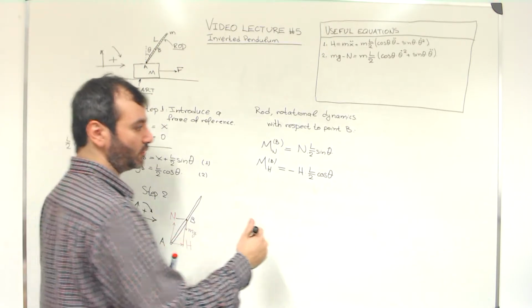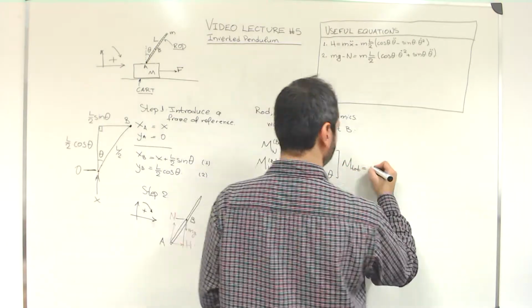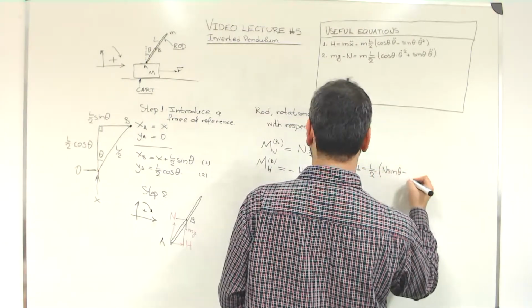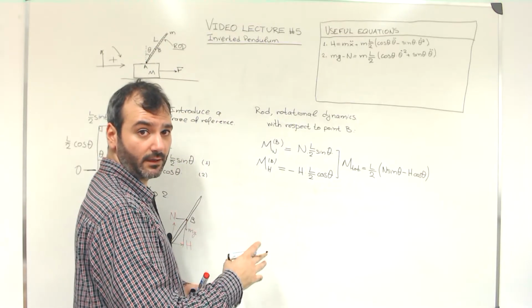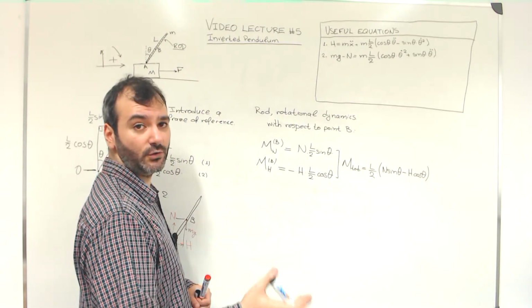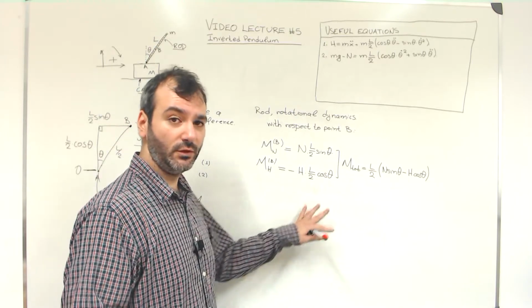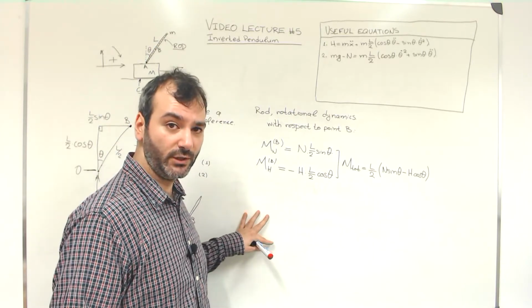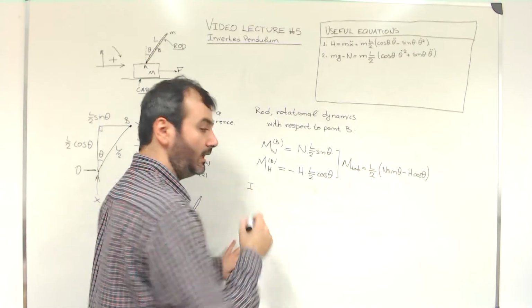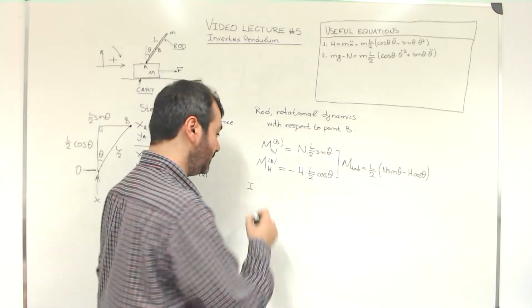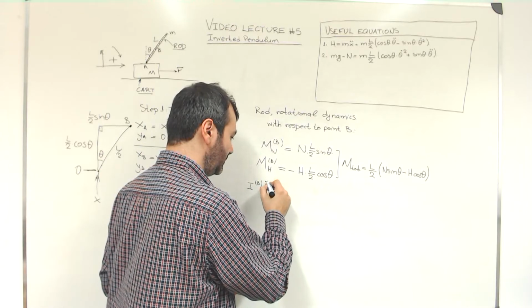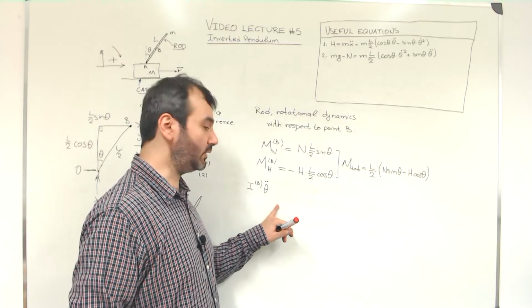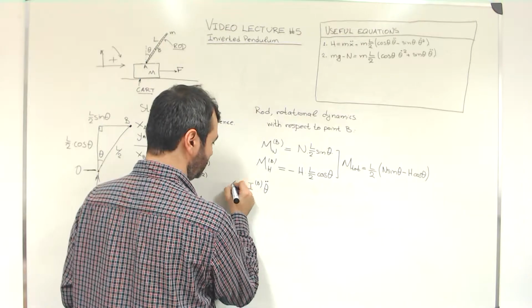So the total torque, and that we know from the rotational counterpart of Newton's second law of motion, we know that the total torque is equal to the moment of inertia with respect to point B times theta double dot. So let's write it.